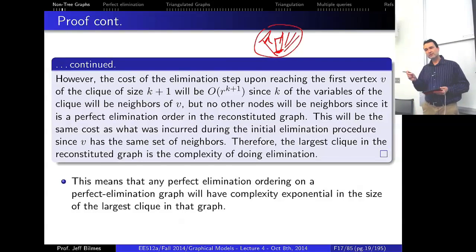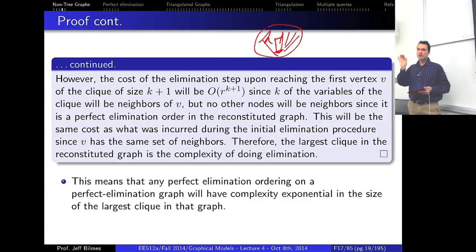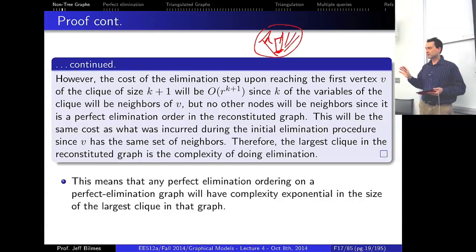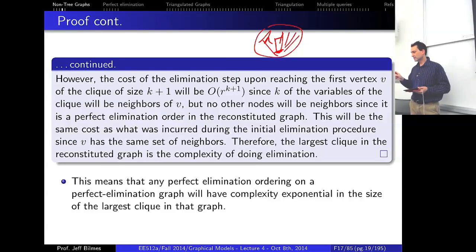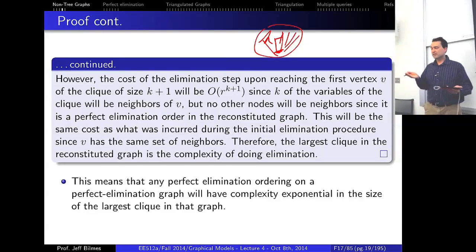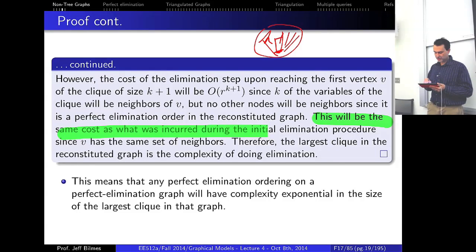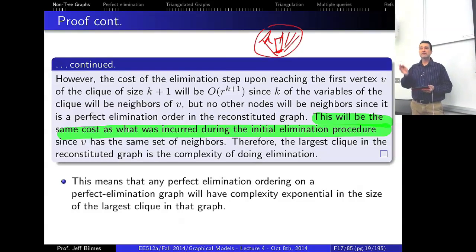At that point, there aren't going to be any other neighbors, because of the theorem we just proved, namely that the neighbors are the same in the reconstituted and the original graph. So only the neighbors of that largest clique are going to be the neighbors of that first vertex. And this is then the same cost as whatever cost was incurred in the initial elimination procedure. Why? Because of the previous lemma that we proved, because it has the same set of neighbors.